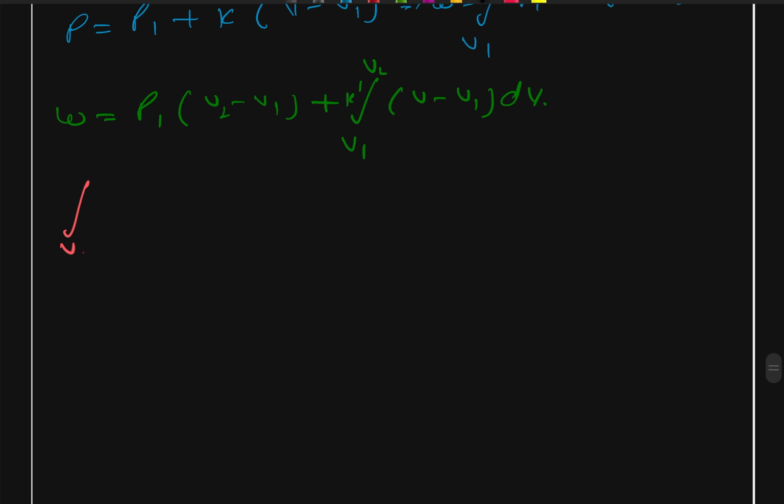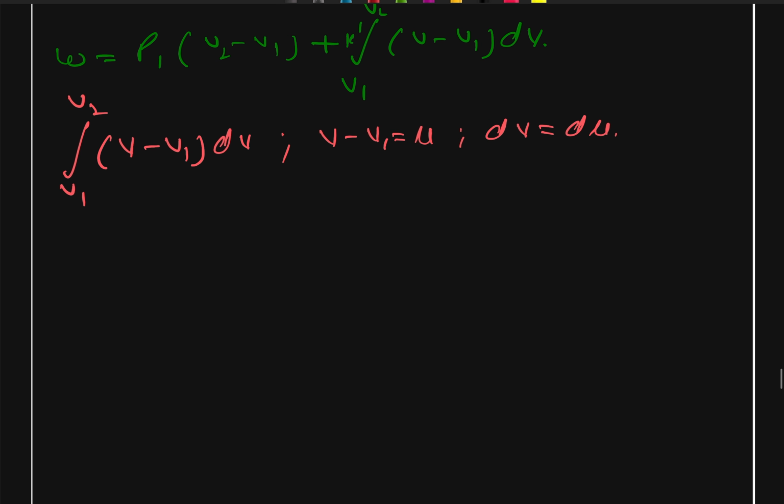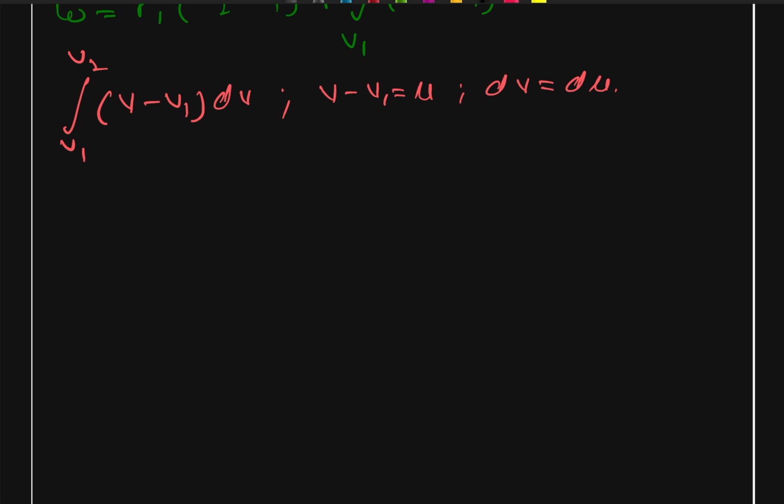And let us assume, for solving it, that V minus V1 is equal to U. Therefore, we get dV is equal to dU, and the limits are easy to calculate.